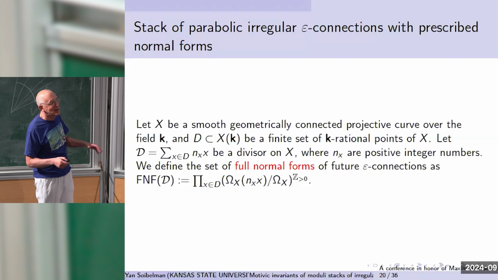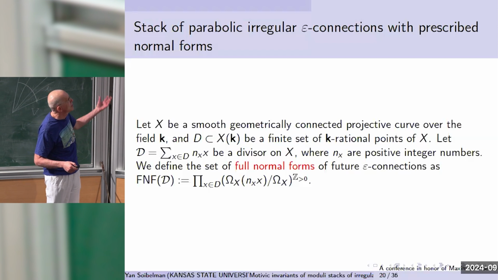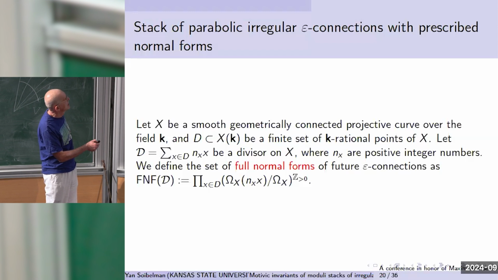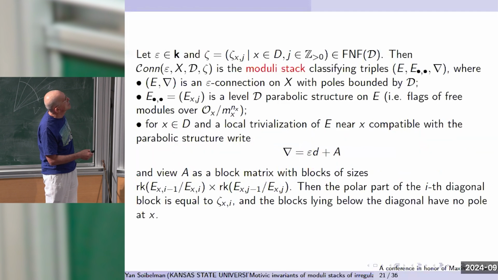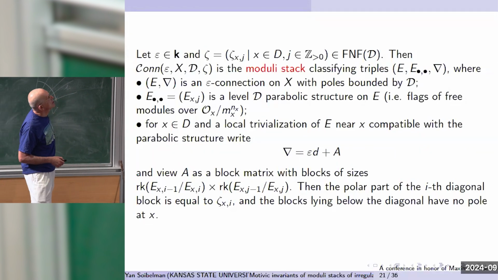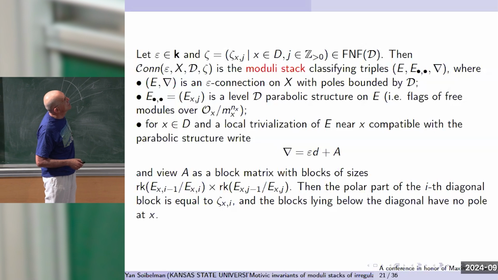And then we change the smaller divisor, and there is kind of an induction which leaves in the end only this space. So, anyway, this is a definition of formal normal forms, and now it's a bit dense, but it's a definition of the stack which we are dealing with.